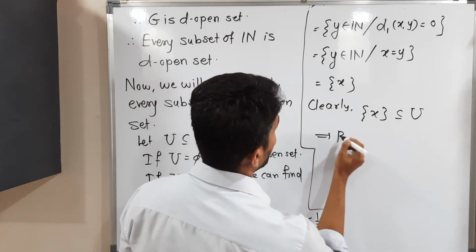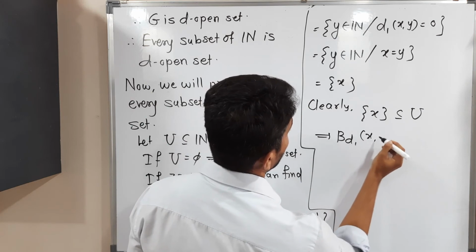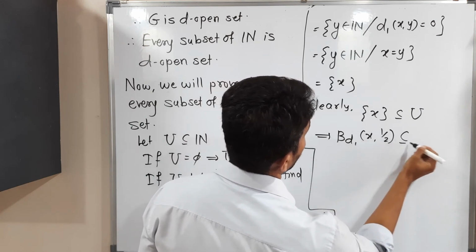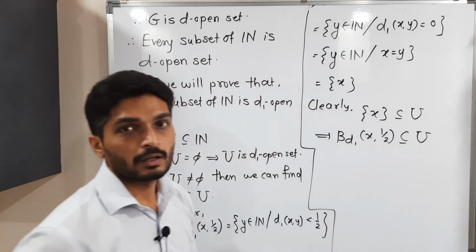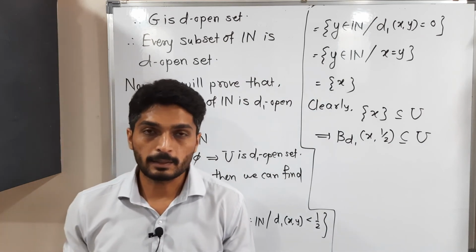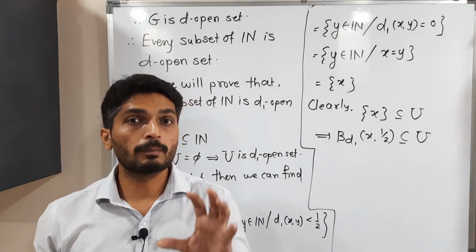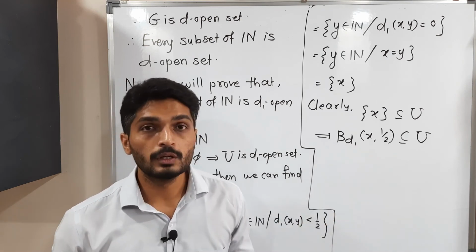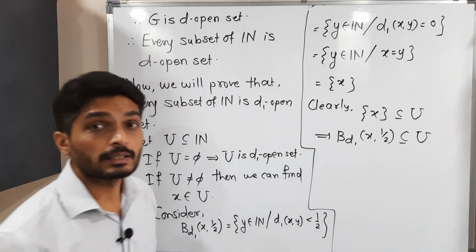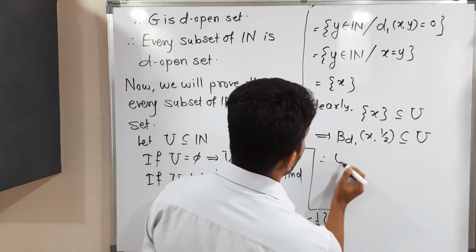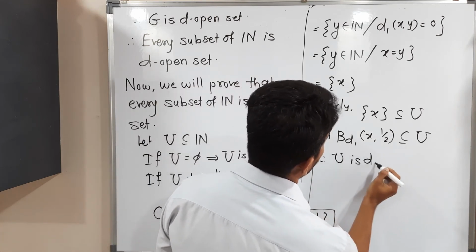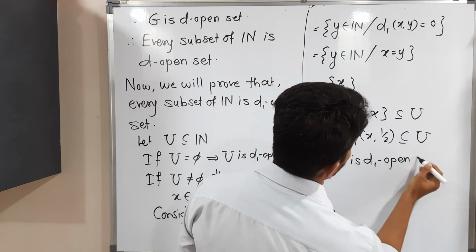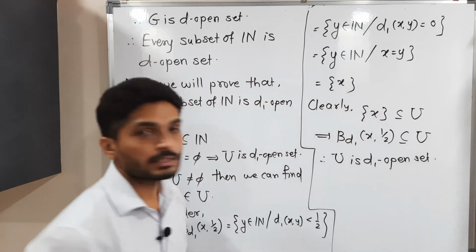So the open ball in D1 with center x, radius half is a subset of U. We had taken x as any arbitrary point from U and we found an open ball with center x, radius half, subset of U. So we can declare U is a D1 open set.